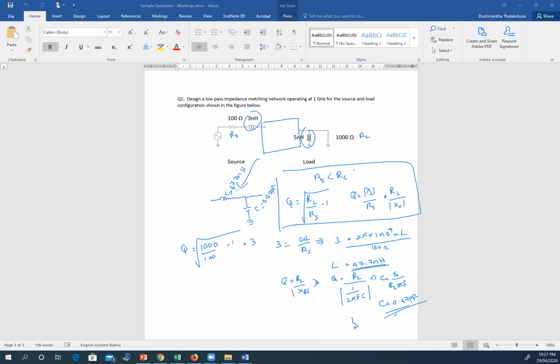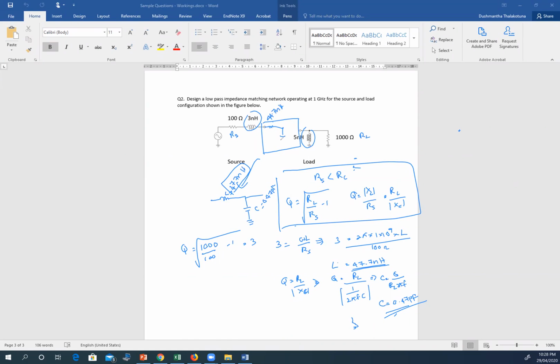So this 47.7 nanohenry is what you need in the matching circuit to match a pure 100 ohm real impedance to a 1000 ohm real impedance. The total inductance should be 47.7, so this should be 44.7 nanohenry, because this and that added together form 47.7 nanohenry.